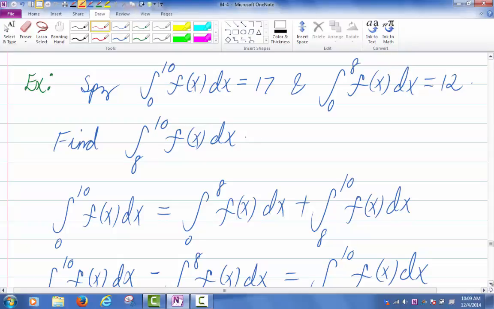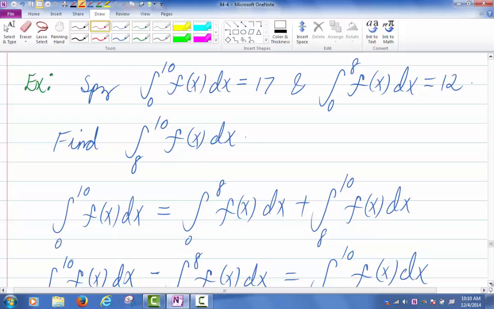These two numbers must match. That's what our previous formula says: a to c, c to b, then you can write it as a to b. So you can break up the integral from 0 to 10 at 8 and say that it's the integral from 0 to 8 plus the integral from 8 to 10.